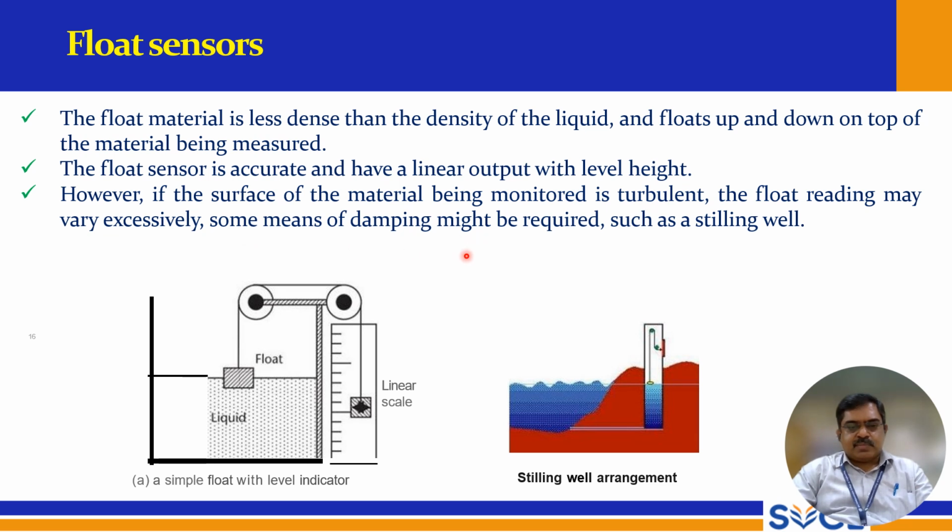Some means of damping might be required, such as a stilling well. So here you can see this is the float sensor. The float is made to float on this liquid, and that is measured here using a linear scale. So in the stilling well arrangement, you can see in this diagram.